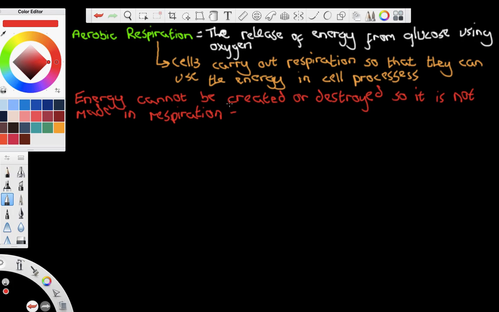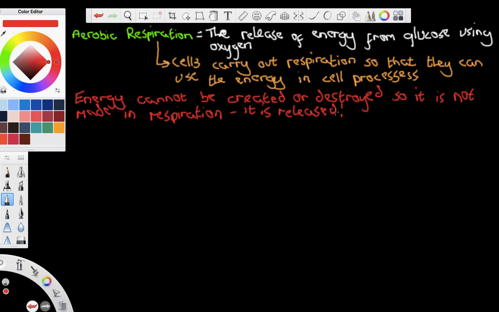It is released. So don't say in your exam questions that energy is created. Energy cannot be created. It's released from glucose so that the cell can use it.